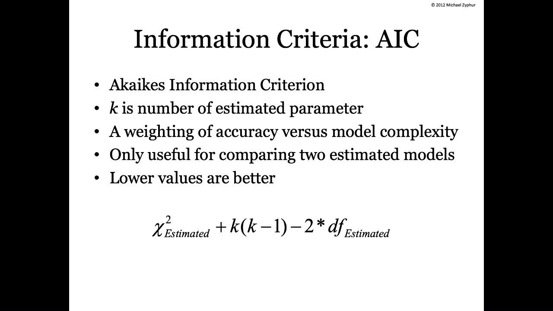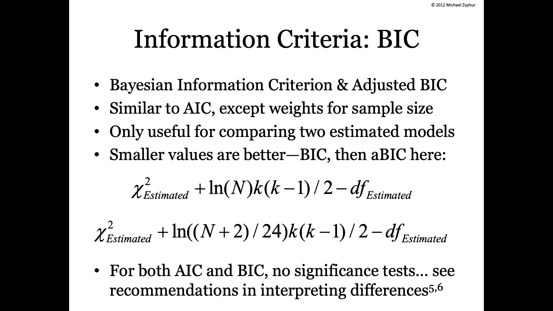And the convenient thing about these information criteria is that it doesn't matter if one model is nested in another. You can compare any models that you like. Lower values are better. And the same is true for the BIC, or Bayesian information criterion. Sometimes it's also called the Schwarz information criterion, the SIC or the BIC.